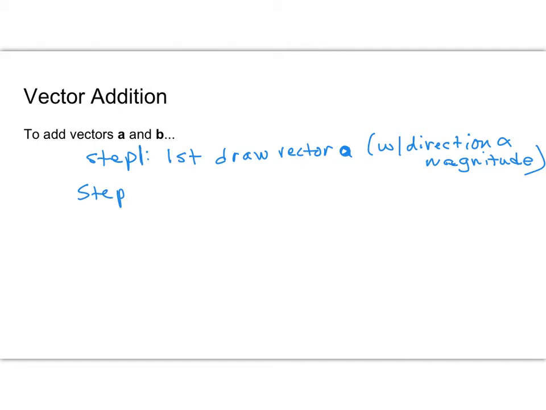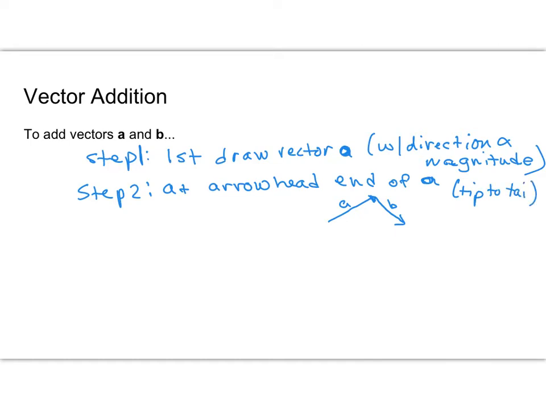Okay, step 2. Oh, that was step 1. This is step 2. I'm going to pretend that this is vector A. Okay, step 2, at the arrowhead end of my vector A, we're going to draw vector B. So we start here, draw vector B. We do this tip to tail.